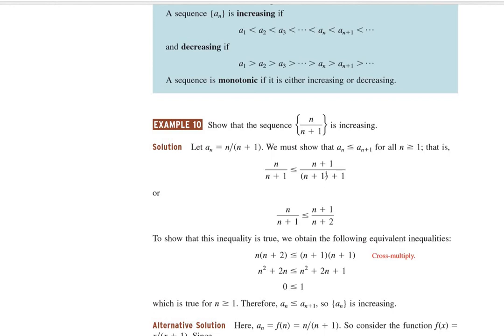So first of all, we assume that relation and start from it. What we have to prove: a_n less than or equal to a_{n+1} for all n greater than or equal to 1.